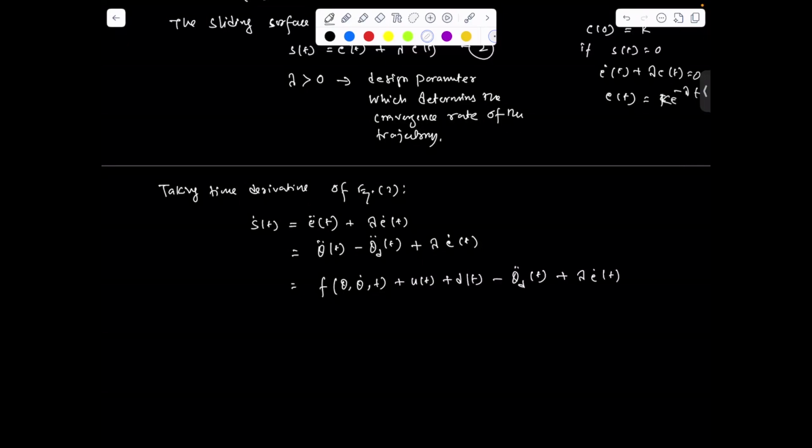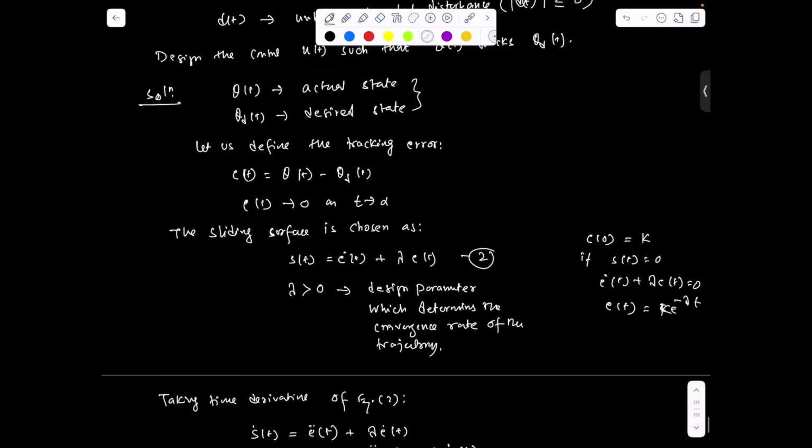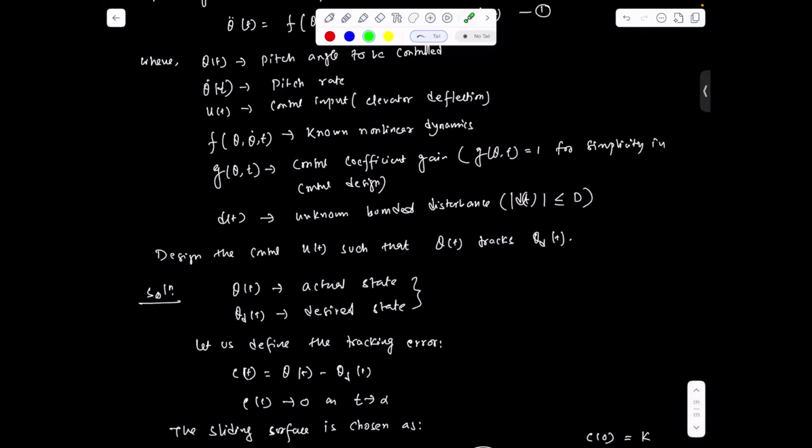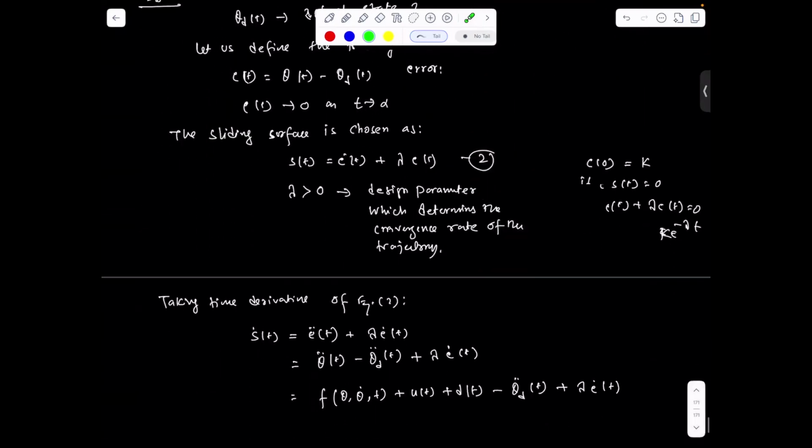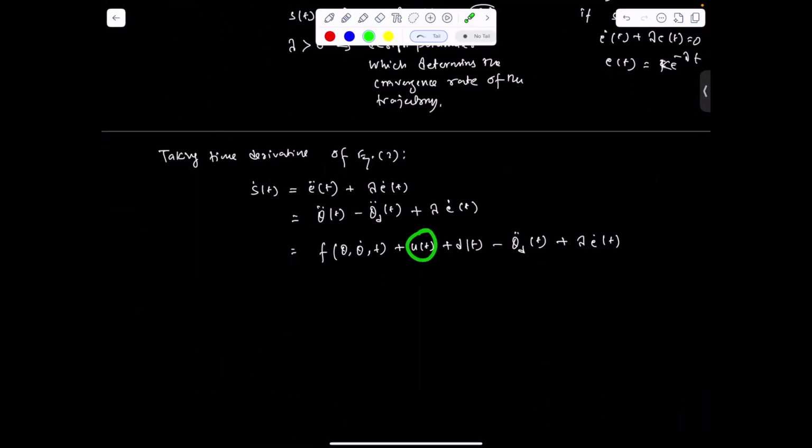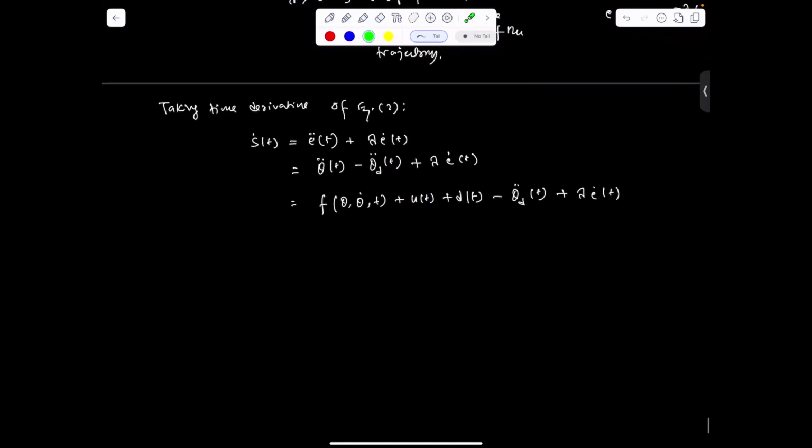Here g theta t we have taken to be 1, so that's why the coefficient of u of t is 1 here.